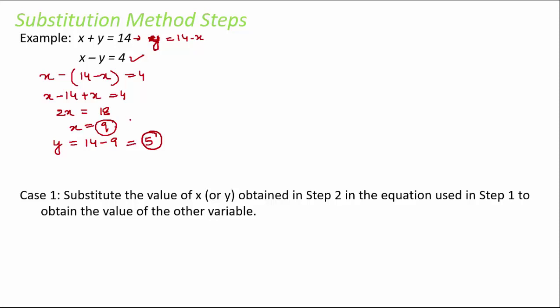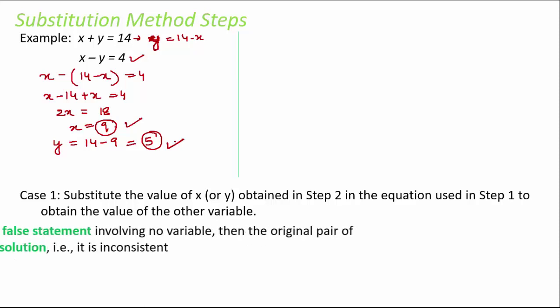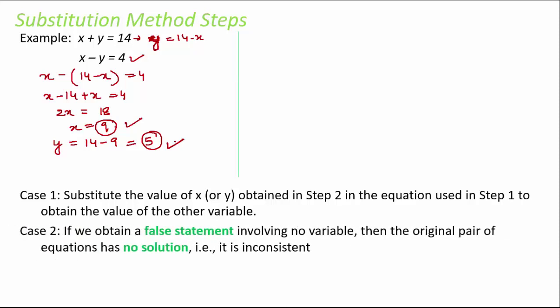That is exactly what we did here. We found the value of x as 9, then we substituted it and found y, which is 5. So that is our case 1. Case 2 could be if we obtain a false statement involving no variable.